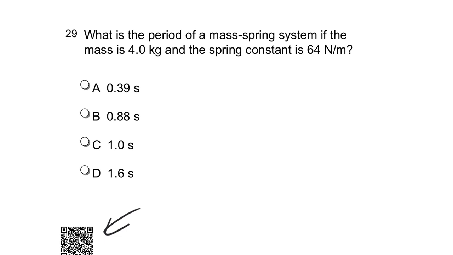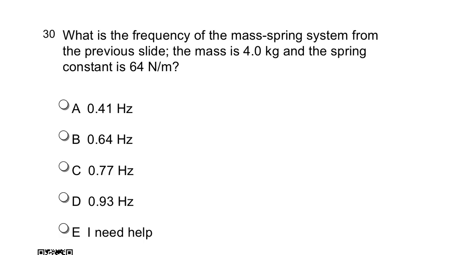Same thing that I just recently did. So use that QR code and check your answer if you want. Then again, the frequency is 1 over T, so you take your answer from the previous slide and invert it, and you can check your answer there.